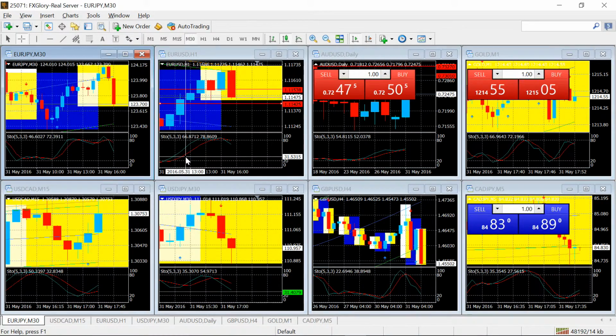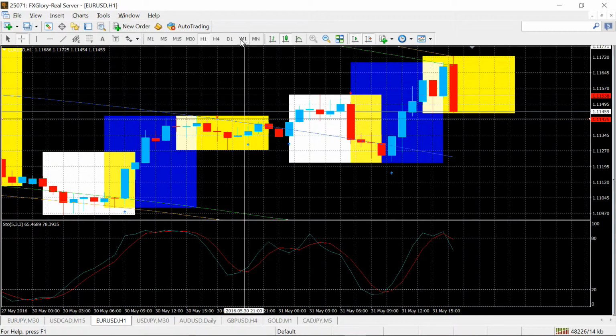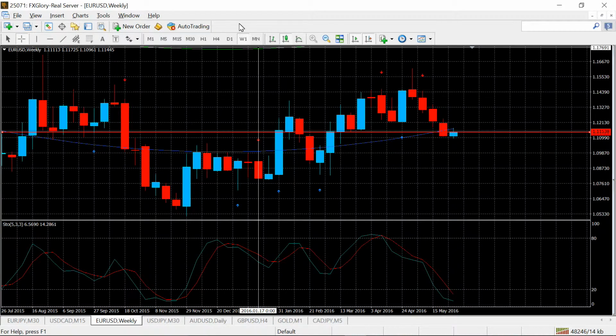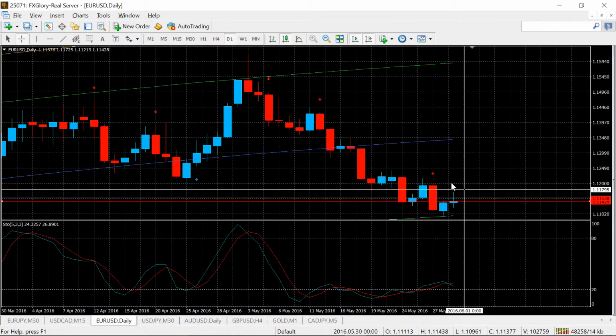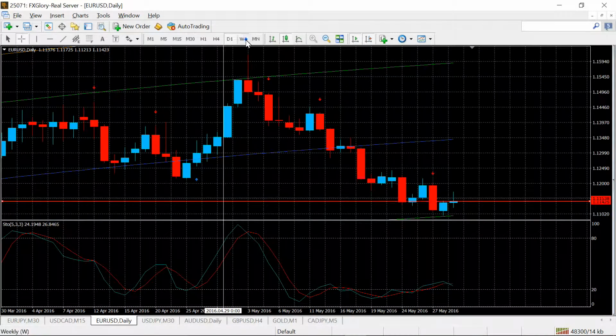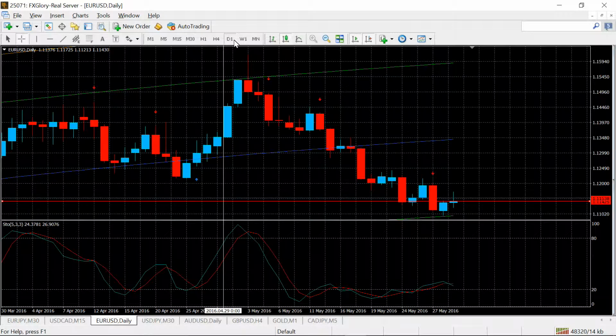Then moving on to how we analyze the market. What is the weekly trend? What is the daily trend? Do they agree? Yes. If the weekly trend shows an uptrend and the daily trend shows an uptrend, then now we have an opportunity to buy.